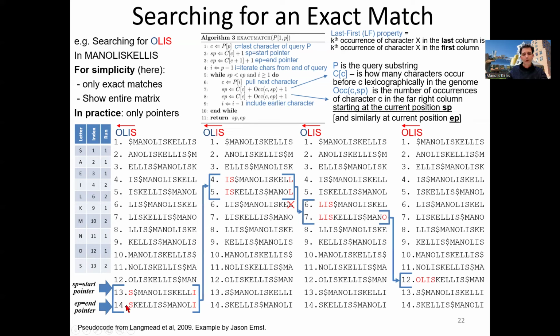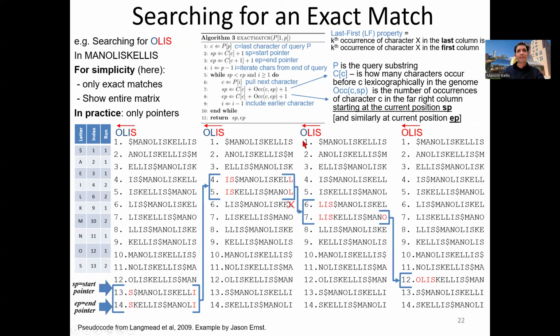Now I basically go from the S to the IS, from the IS to the LIS, and then suddenly it starts decreasing in length because only a subset of those characters will actually be in the next line over. So this is extremely fast because I only use one string effectively, the last column.